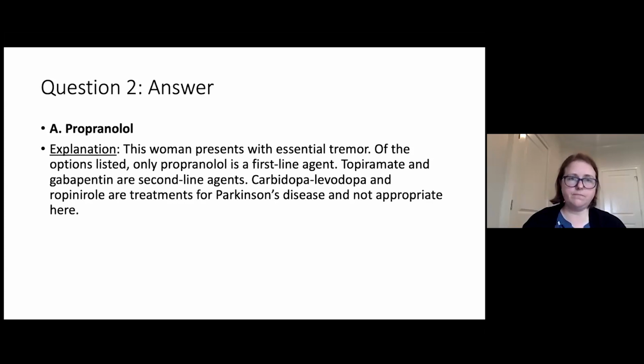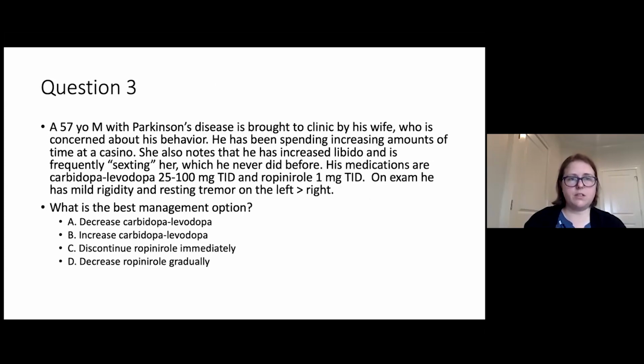Okay, and the final question, question 3. This is a 57-year-old male with Parkinson's disease. He's brought to clinic by his wife, who is concerned about his behavior. He's been spending increasing amounts of time at a casino. She also notes that he has increased libido and is frequently sexting her, which he never did before.